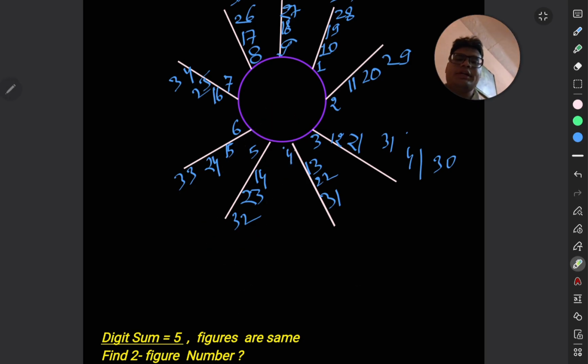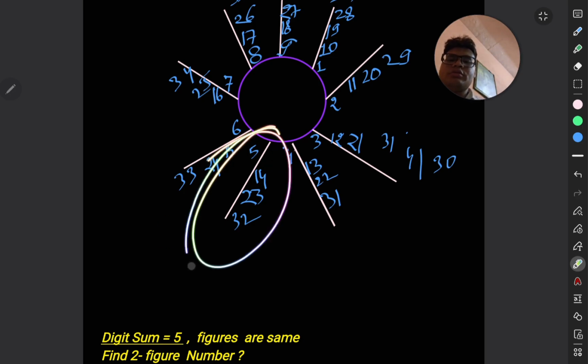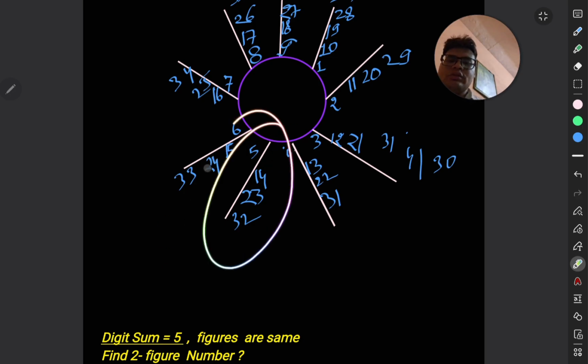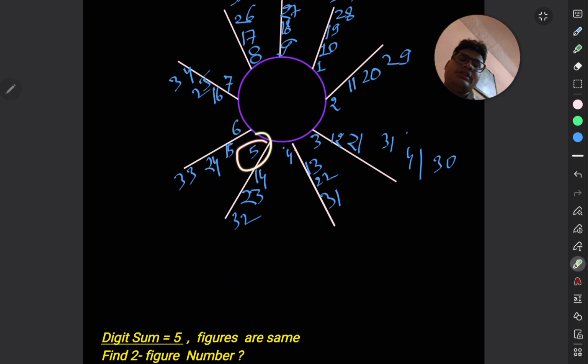So we have to see which numbers belong to this branch. 5 has digit sum 5, 14 has digit sum 5, 23 has digit sum 5, 32 has digit sum 5. All the numbers that come after also have digit sum 5, but this would be very long.